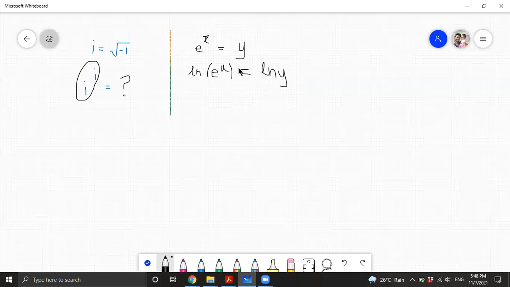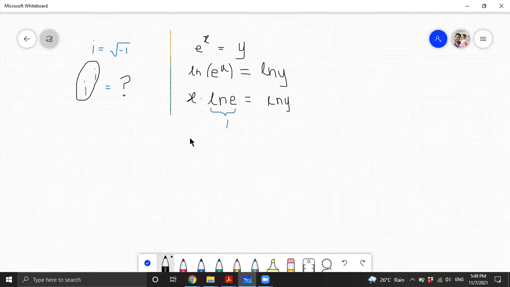So according to the logarithm principles, this x will come in front of the ln function. So that will give us x times ln e, which is equal to ln y. And we all know that ln e is equal to 1.